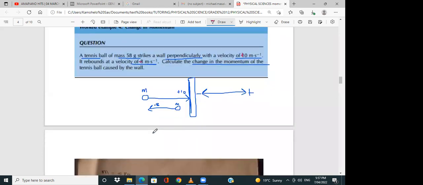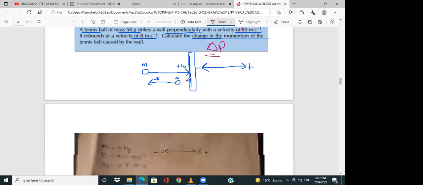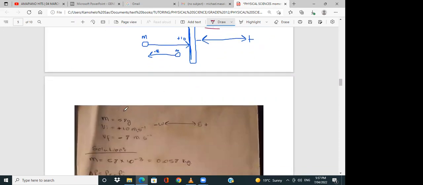Now, let's see what's happening. Calculate the change in momentum, delta P. First and foremost, like I said in the very first example I made, write down every single thing you have.